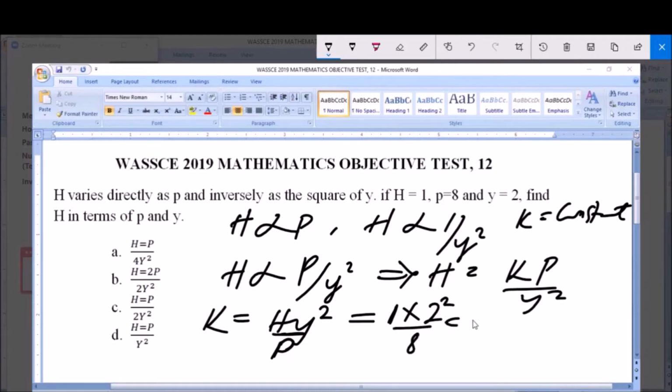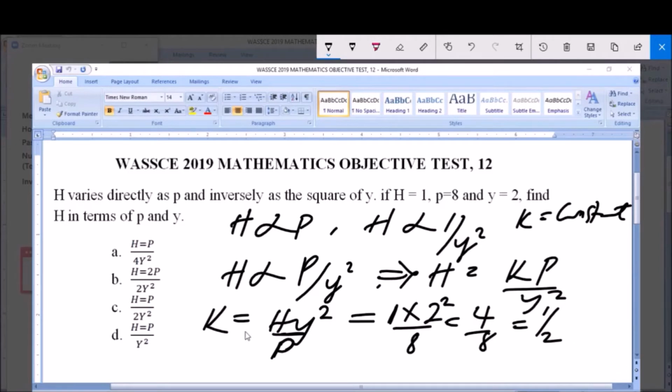So 1 times 2 squared is 4, which is 4 over 8, and that's 1 over 2. So it means our K, our constant of proportionality, is 1 over 2.